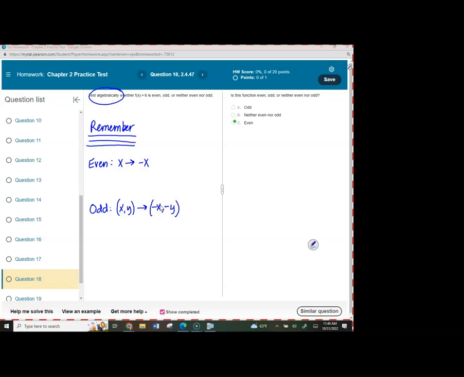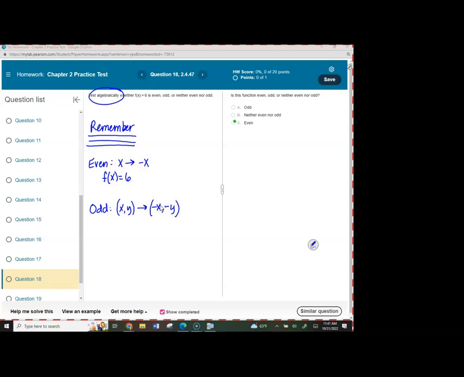Alright, so we're going to plug negative x into this. F of x equals 6. This is kind of a trick, but if I plug negative x into this, is there an x at all?